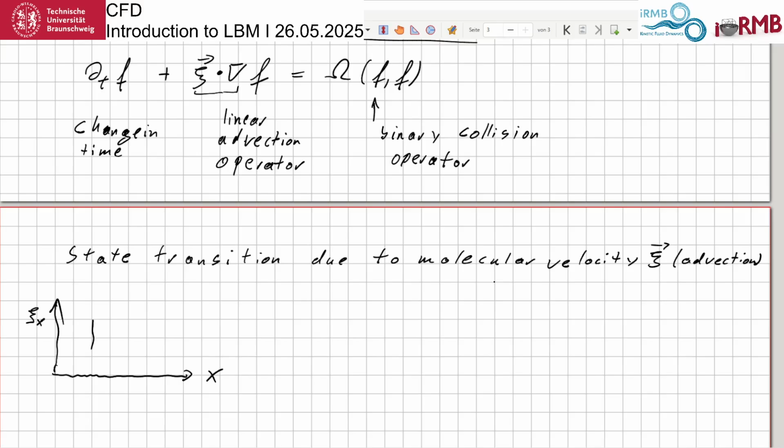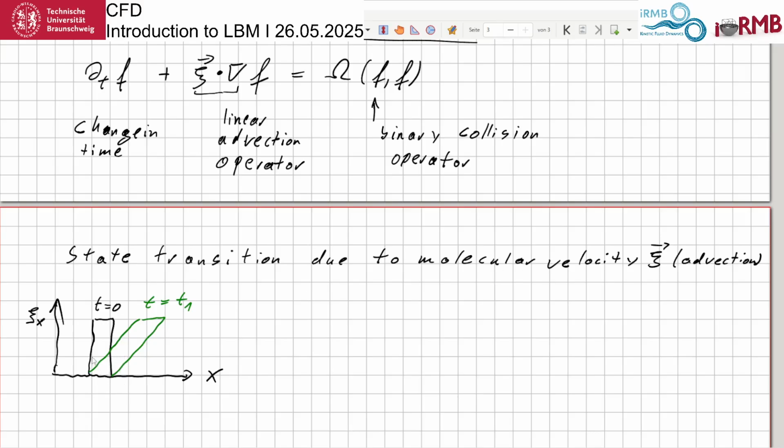Now if we take any shape in this space and say this is at time equals 0, then at a later time t1, these things basically have moved.